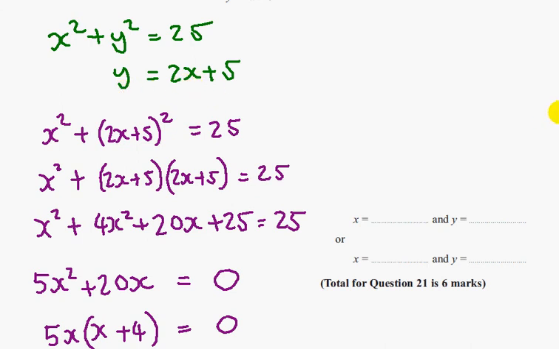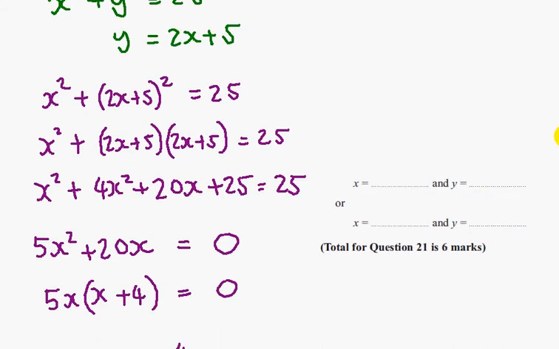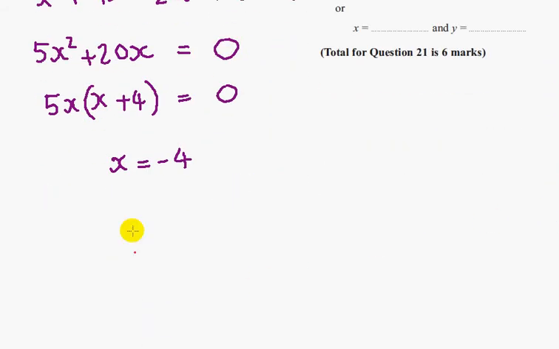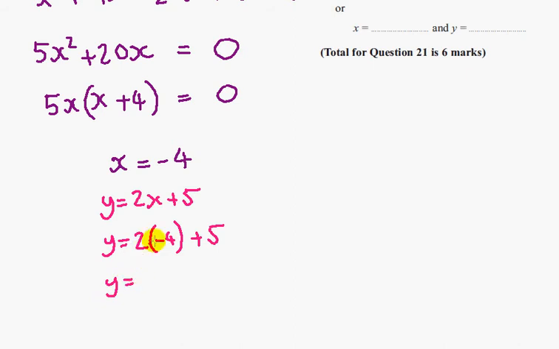So I'll just do that quickly. y equals 2x plus 5. So if x is minus 4, then y would be 2 times minus 4, which is minus 8 plus 5, minus 3. So when x is minus 4, y is minus 3.